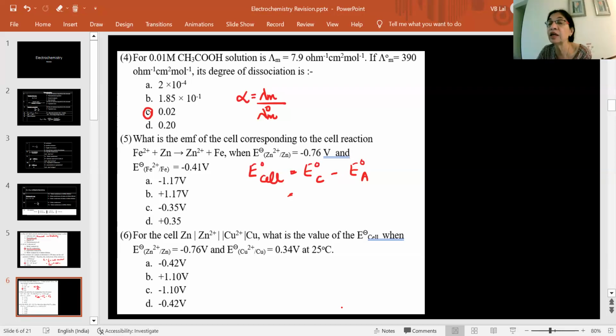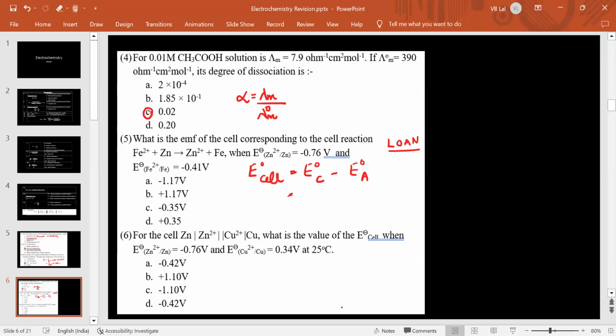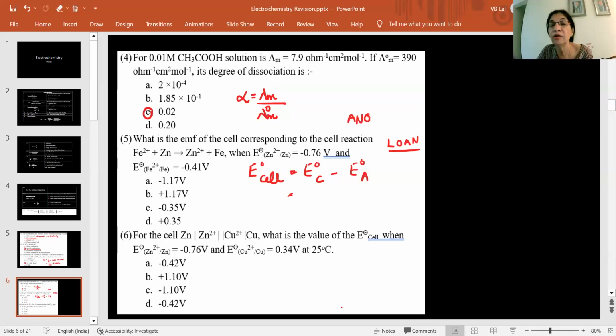I have told you, remember, left oxidation, anode, negative. So oxidation takes place where? At anode. I've also told you an ox and red cat. Right? So oxidation is always at anode and reduction is always at cathode.